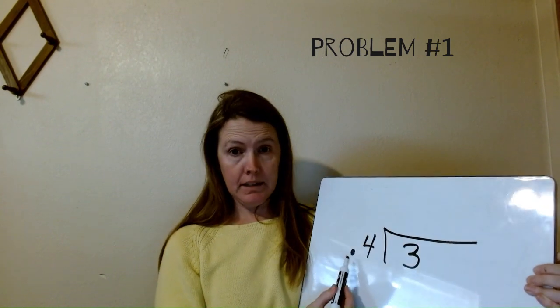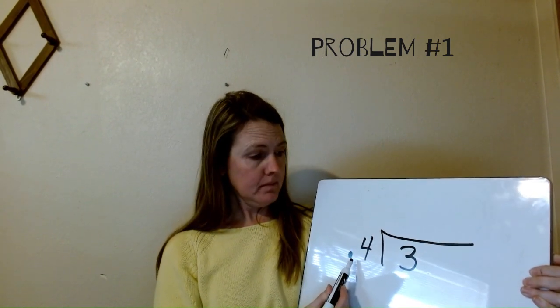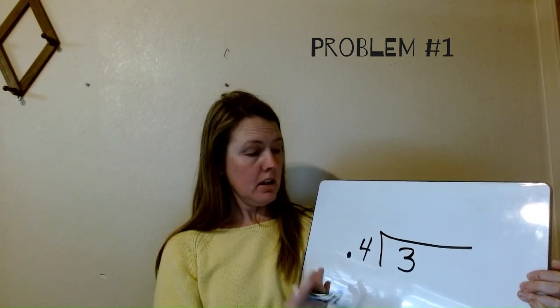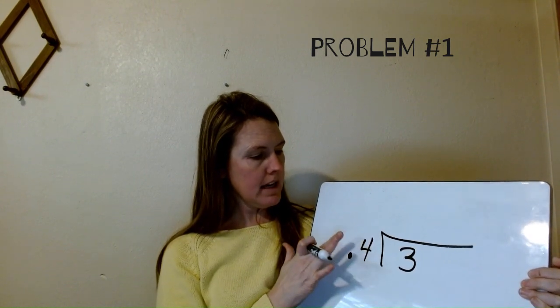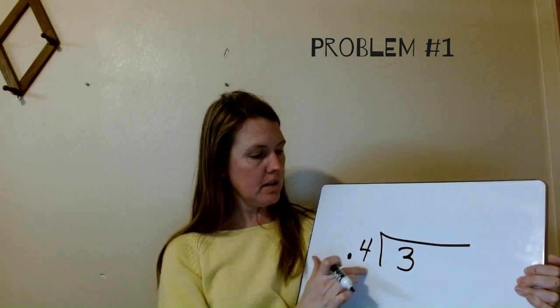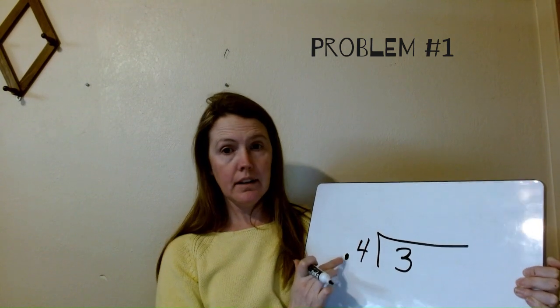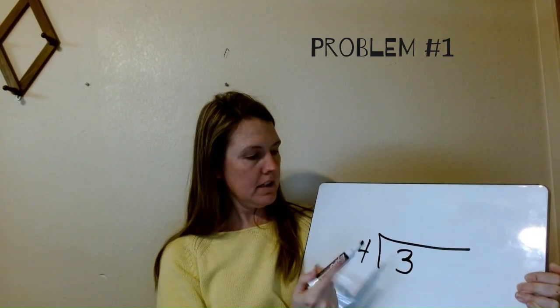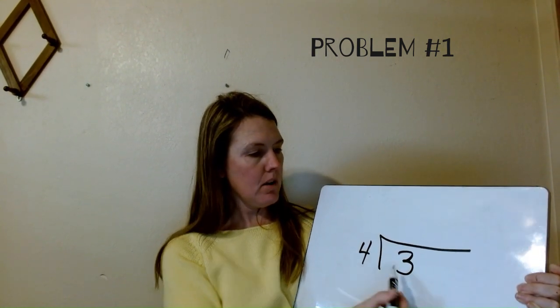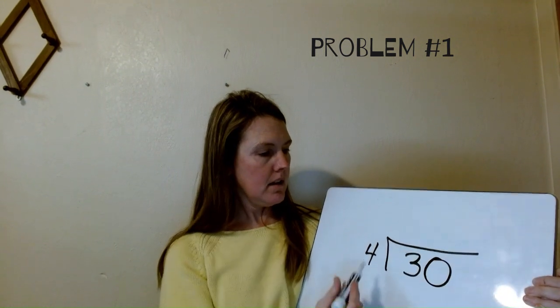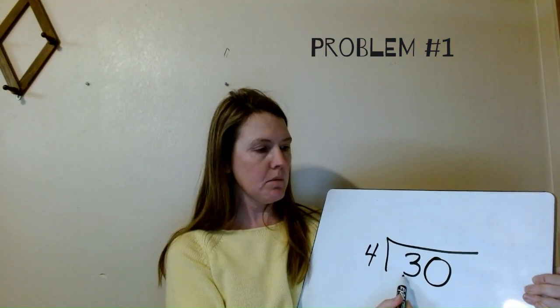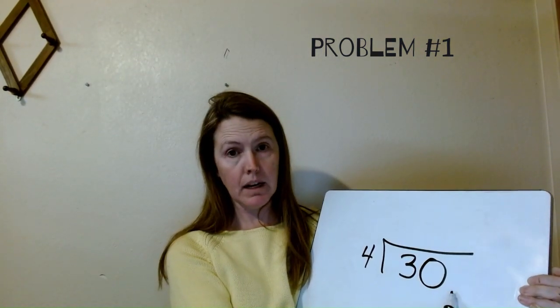You never want to have a decimal as the divisor. So what we're going to do is erase that, which means I'm making it into a 4. If I turn this into a whole number, I would also have to add a 0 here, because adding a 0 just means I'm moving a decimal 1 time to the right.